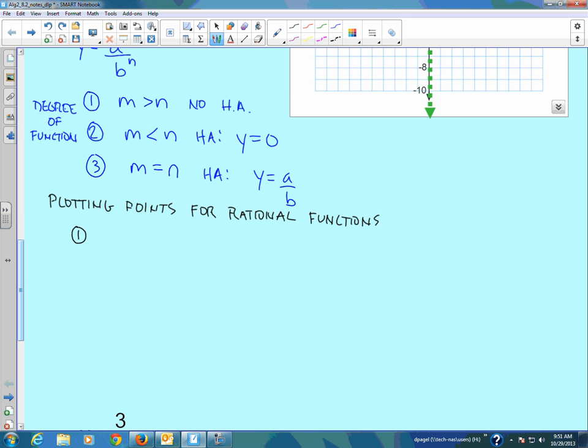Step one: locate the vertical asymptote. And then choose for your table values of x that are left and right of that vertical asymptote.